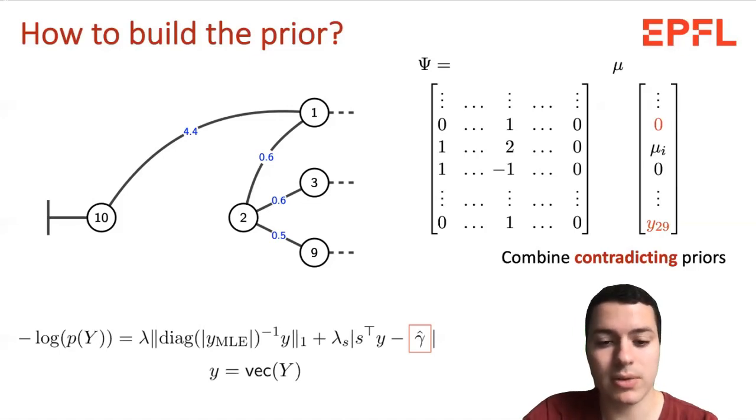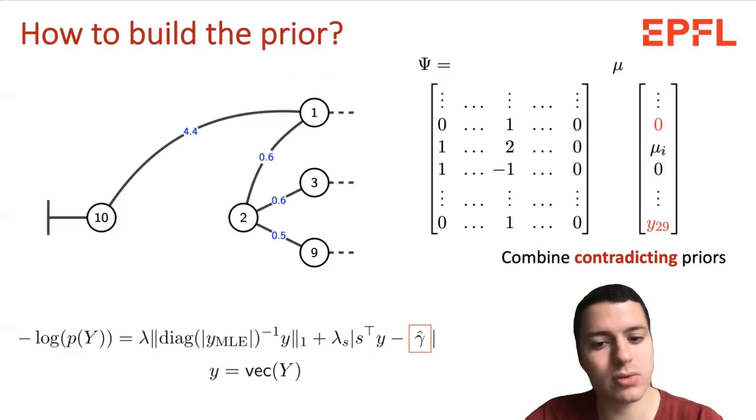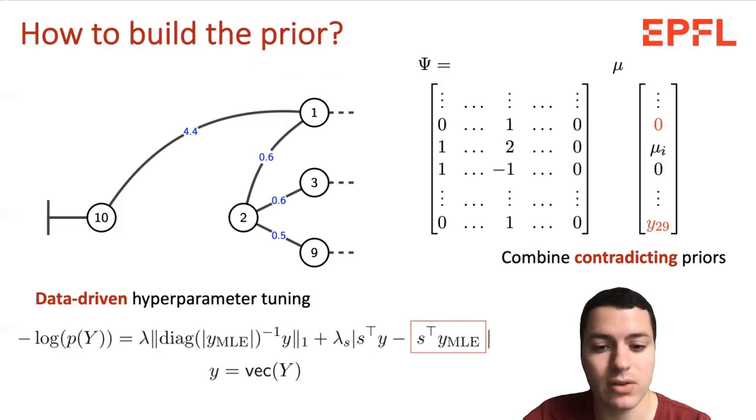So the second term is here to constrain the L1 norm of Y, which is computed with S transpose Y here, around a hyperparameter gamma, which is not 0, positive in general. And it might be hard to tune hyperparameters, so we also provided data-driven methods to do so using the maximum likelihood estimator.